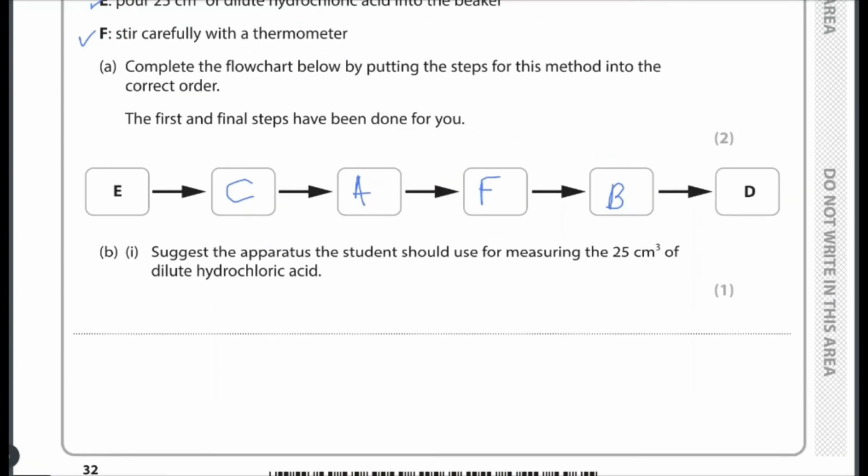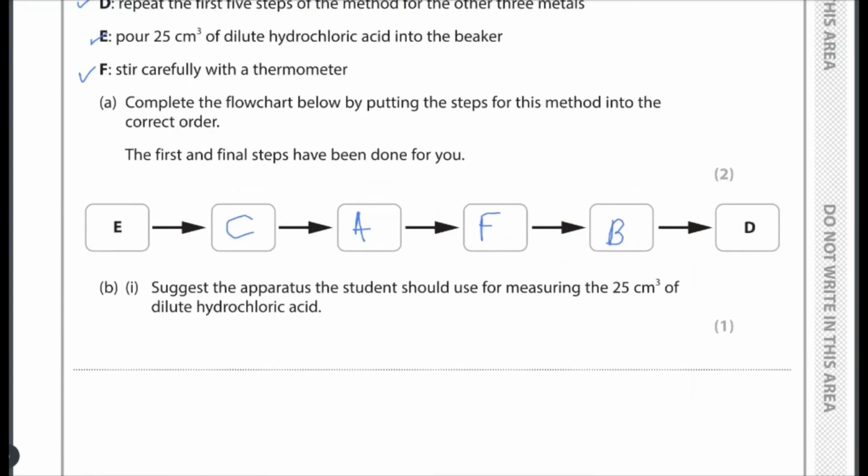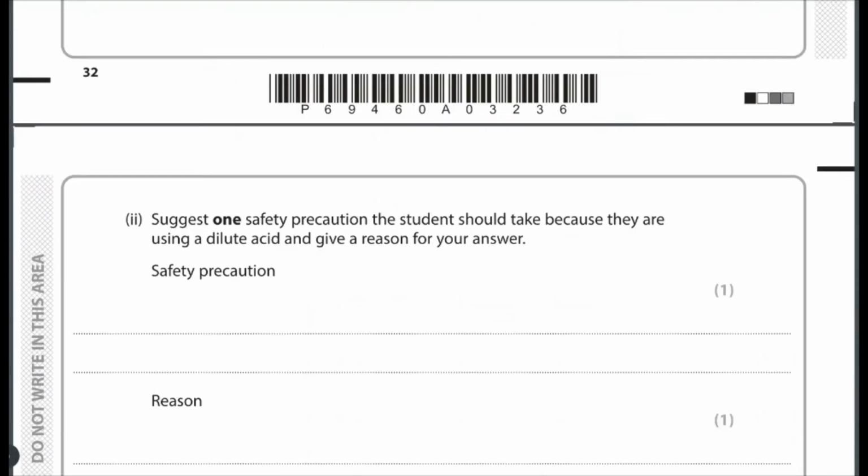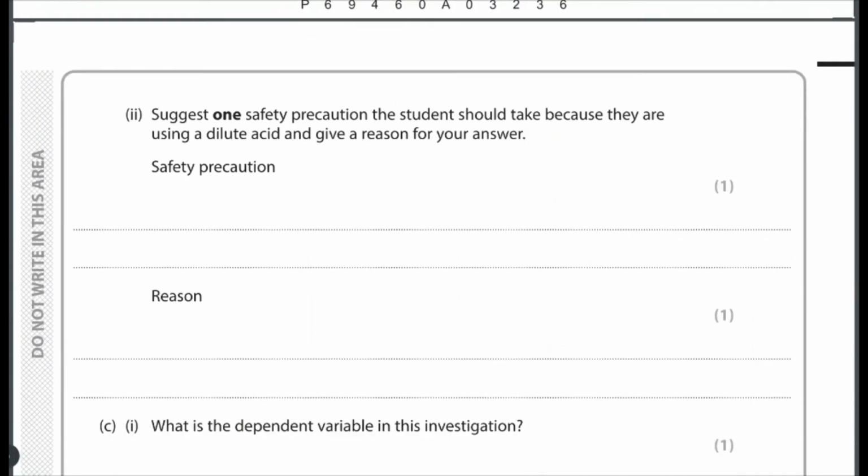Suggest the apparatus the student should use to measure 25 cubic centimeters of dilute hydrochloric acid. We know that is the measuring cylinder. Next one. Suggest one safety precaution the student should take because they are using a dilute acid, and give a reason for your answer.